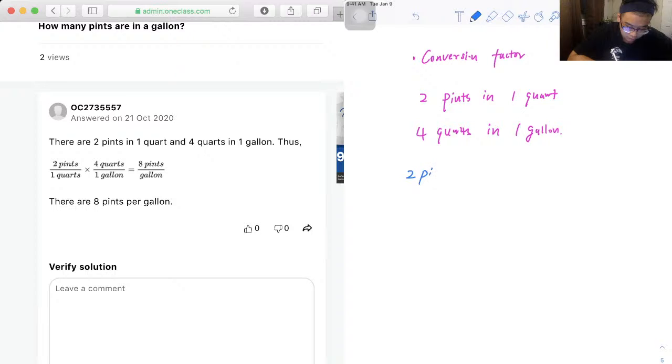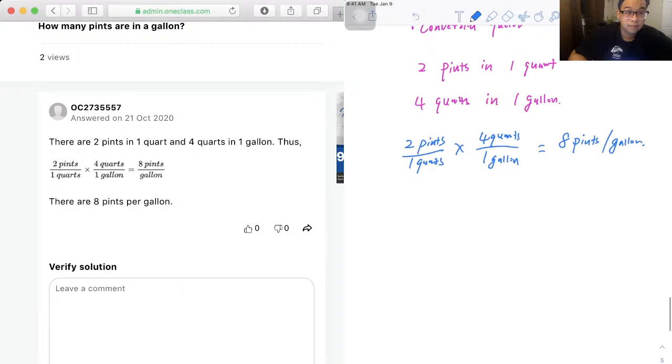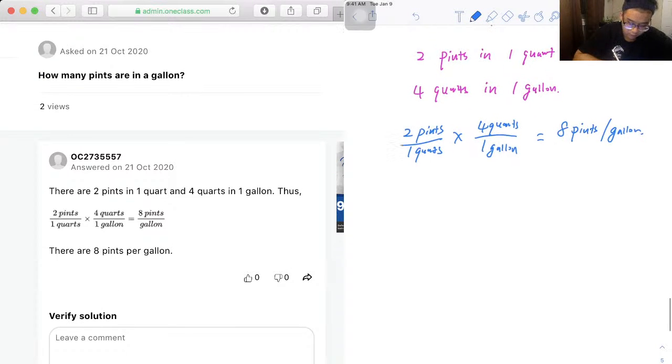So 2 pints in 1 quart times 4 quarts in 1 gallon, which is equal to 8 pints per gallon. All right.